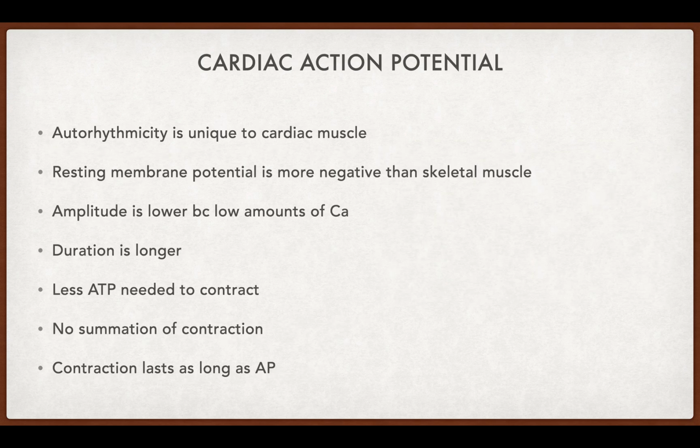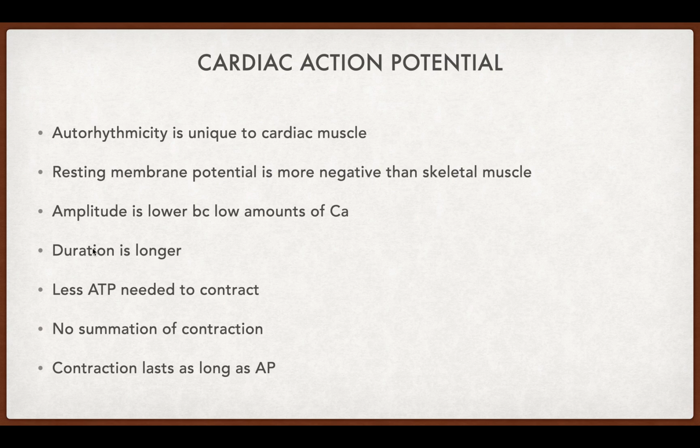Okay, so the autorhythmicity is unique to only the cardiac muscle. Only the cardiac muscle works on the concentration of the ions. The amplitude is lower because of the low amounts of calcium, of course, because they have two sources of calcium. So why does the cardiomyocyte need to store so much, right?